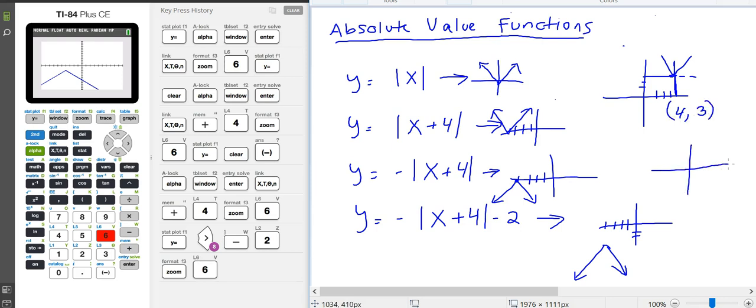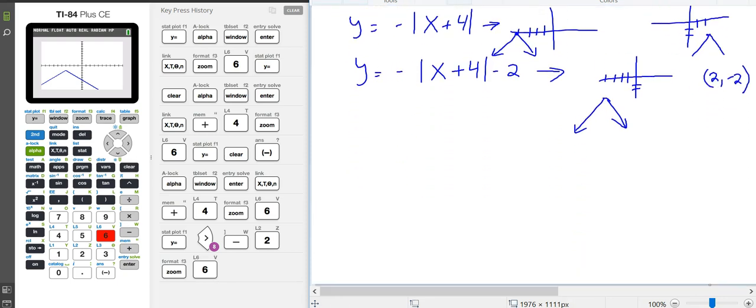Or if you're given a graph like this, you'll see very easily that this graph has a maximum at 2, negative 2. If you're not given a graph, let's say you're given an equation, y is equal to the absolute value of x plus 4 minus 2.